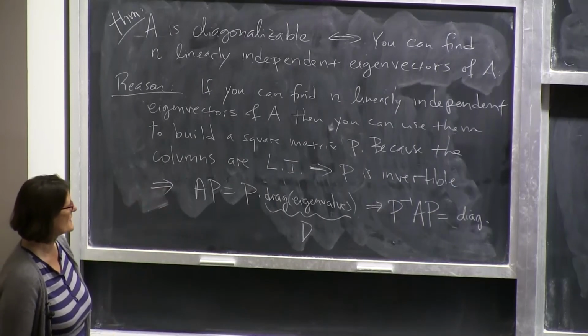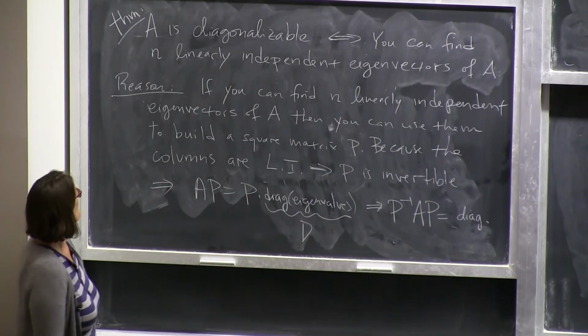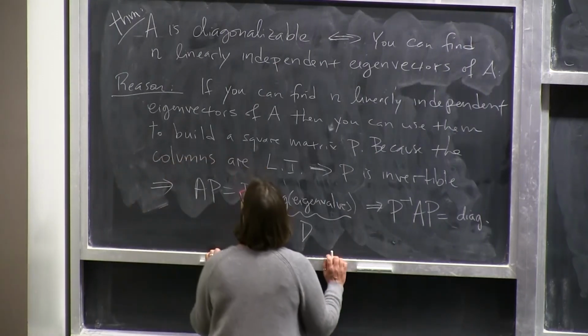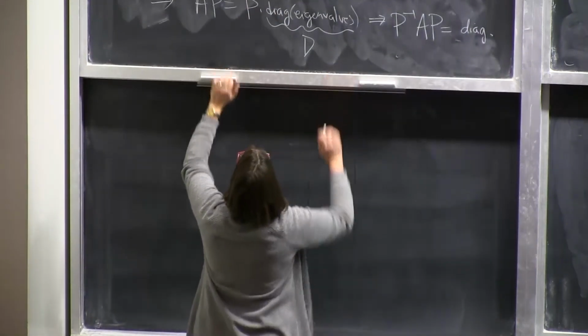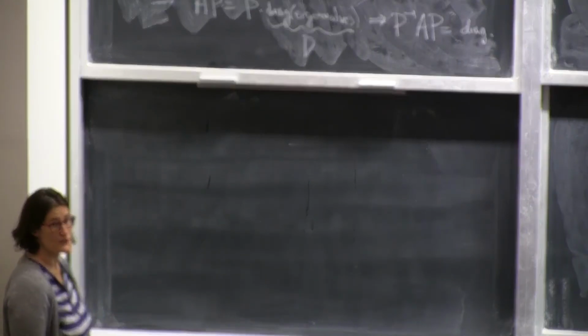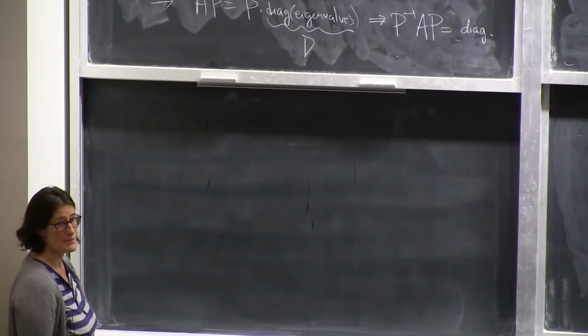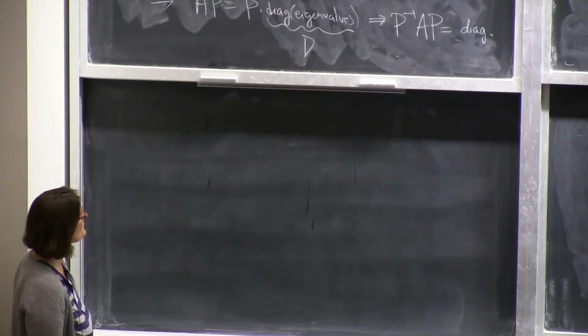Going in the other direction is actually easier and shorter, so I'm not going to present it. So we see that whether or not a matrix is diagonalizable boils down to whether or not we can find a full set of linearly independent eigenvectors.